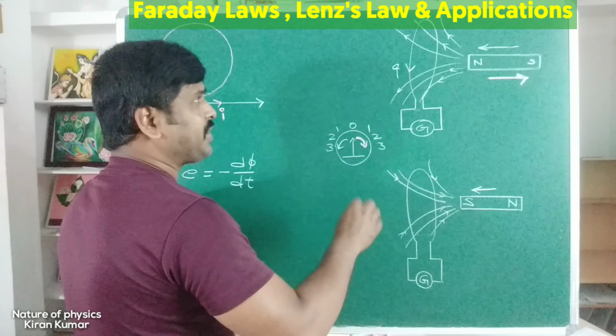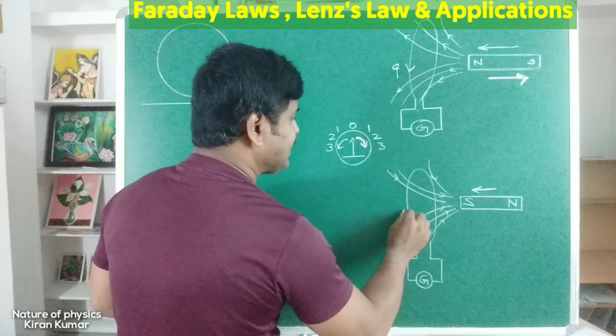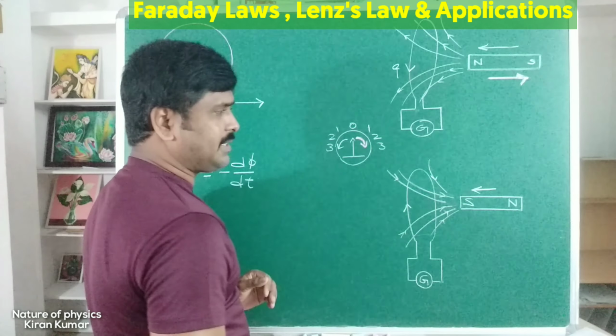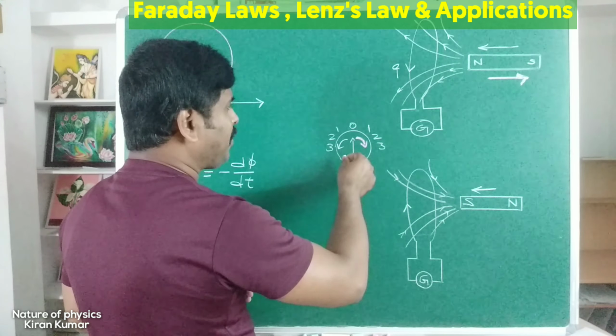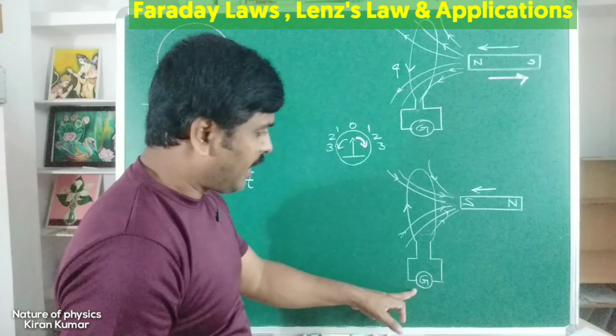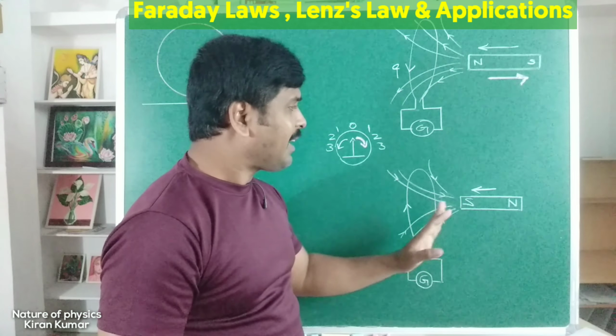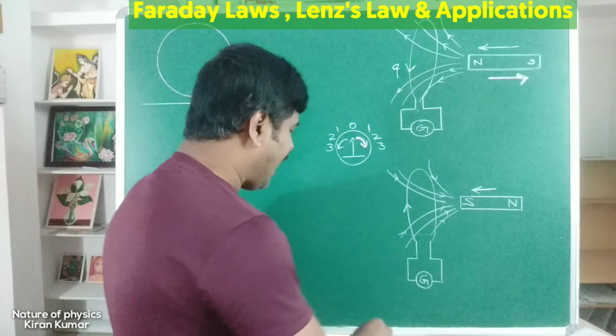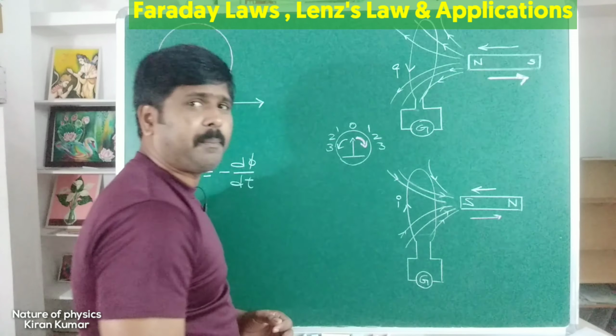In this situation the current direction is clockwise, which we can observe in the galvanometer arranged here. If the magnet is moving away, then the current direction is anti-clockwise.